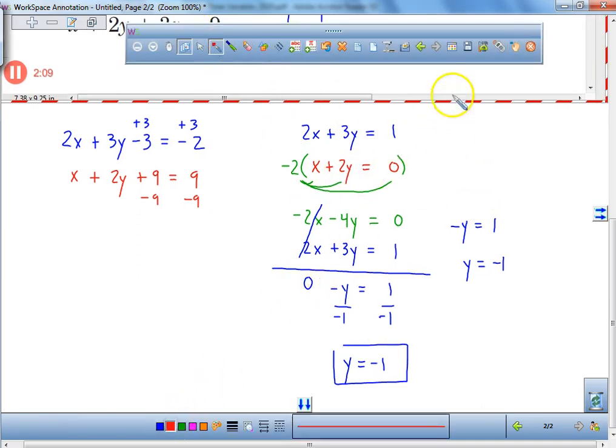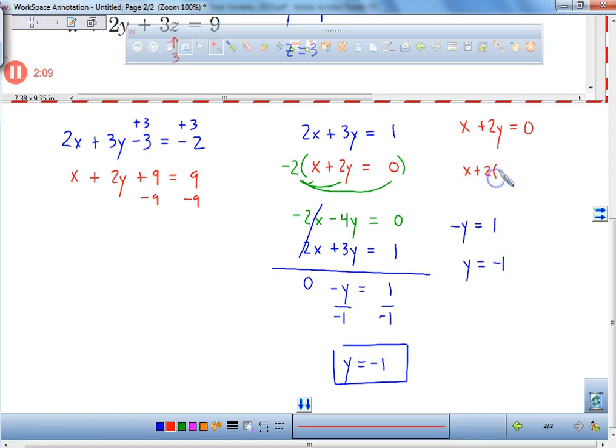Now check this out. The red equation says x plus 2y equals 0, and we know what y is. What is y equal to? So watch this. x plus 2 times negative 1 equals 0. What do we get?